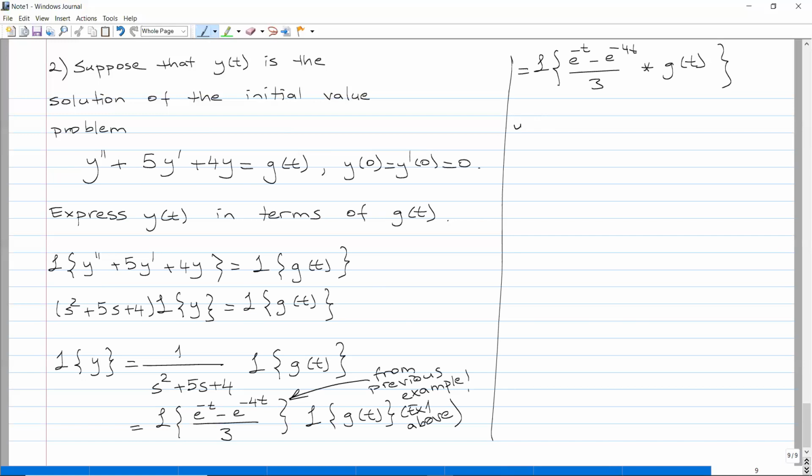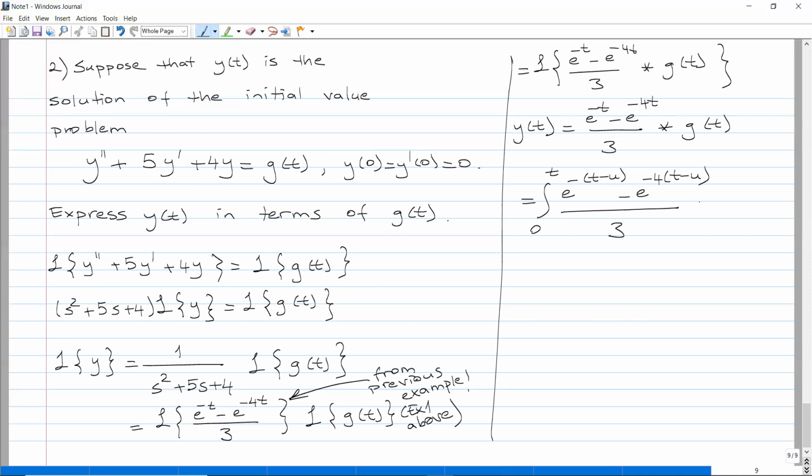So my function y of t is e to the minus t minus e to the minus 4t over 3 convolution g. So this is the integral from 0 to t, e to the minus (t minus u) minus e to the minus 4(t minus u), over 3, times g of u du.